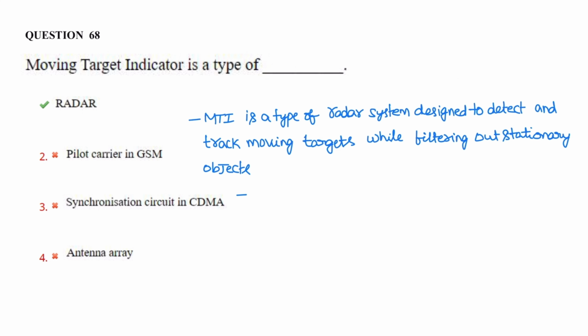Moving target indicator, MTI radar, radio detection and ranging. This MTI is a type of radar system designed to detect and track moving targets while filtering out stationary objects. That is stationary objects, that is ground, building, trees, or stationary clutter is rejected.